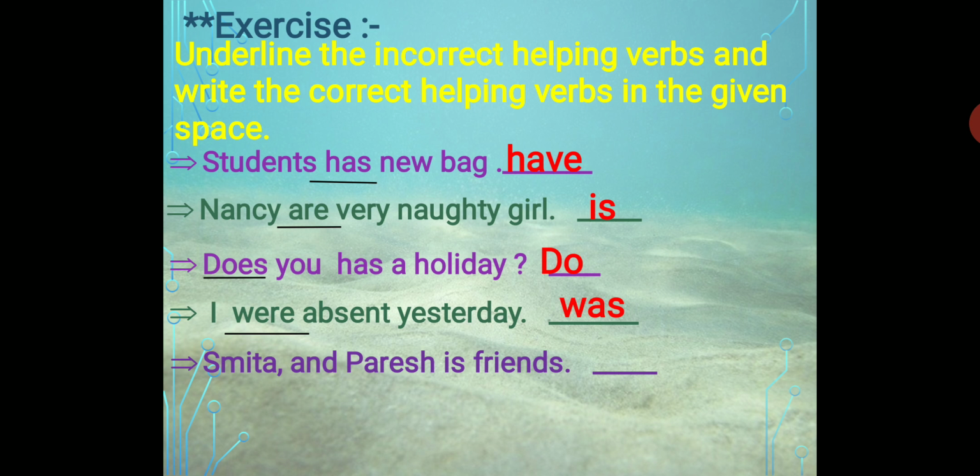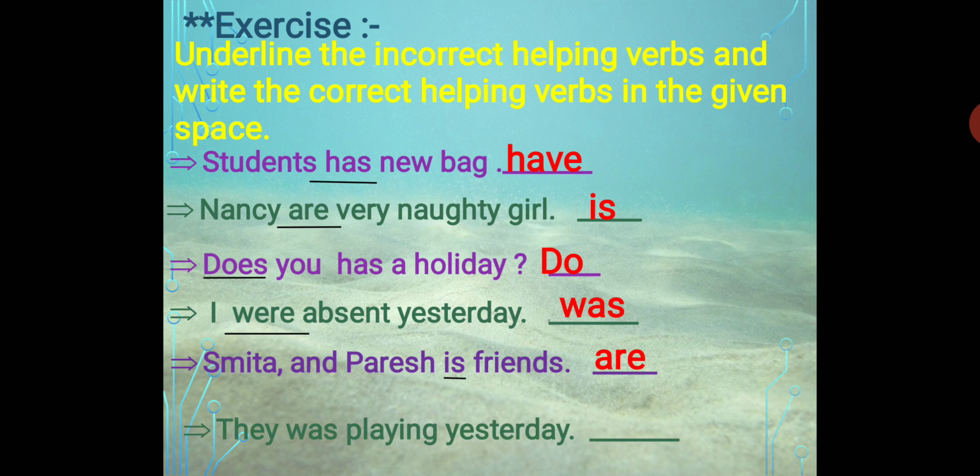Smita and Paresh is friends. Which is the wrong helping verb? Is, right? And what is the correct helping verb? Are.